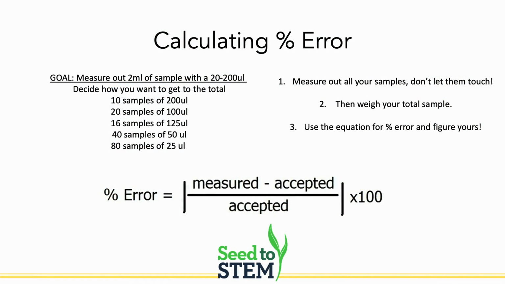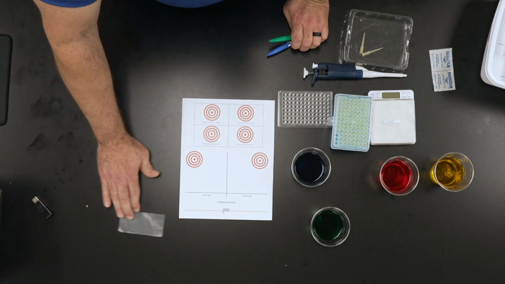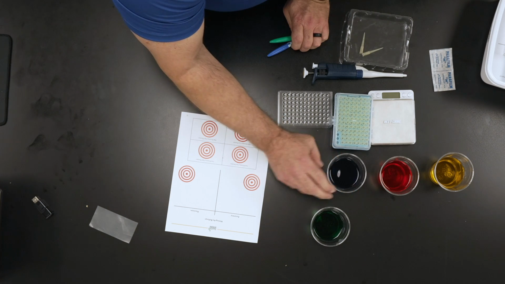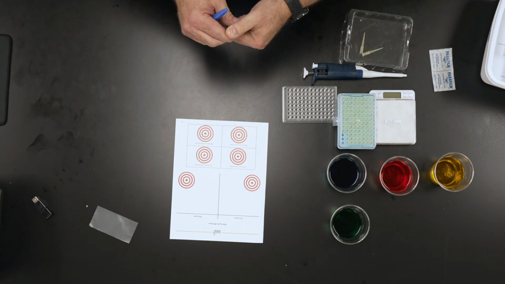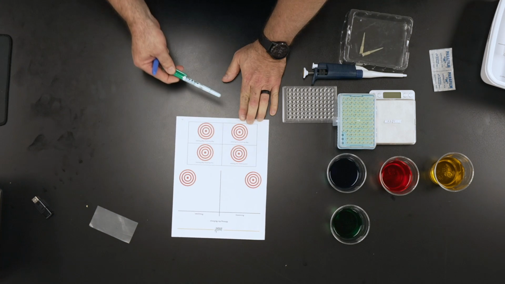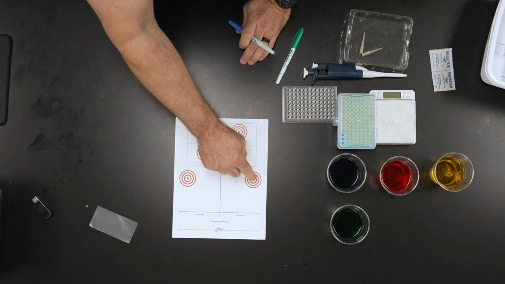Now, how good are you doing? Well, if you noticed me, I had a little trouble on that first one. One of the things we're going to look at and talk about is how accurate are the pipettes and how precise are they? Well, accuracy and precision are two concepts that are used in science all the time, all right? When we're talking about accuracy, if this is the bullseye, the concept of accuracy is how close you get to the actual value.